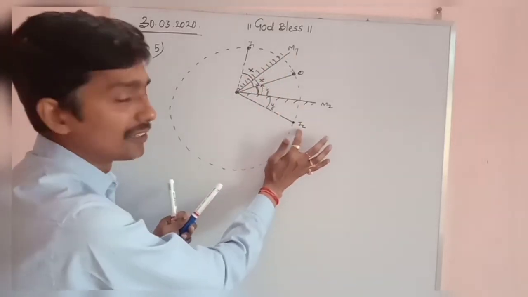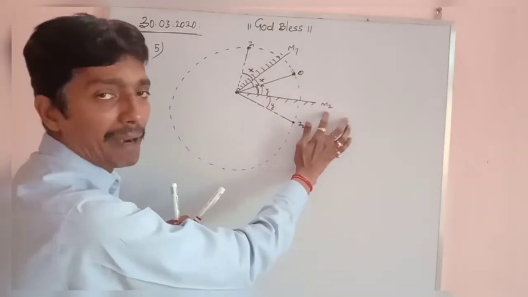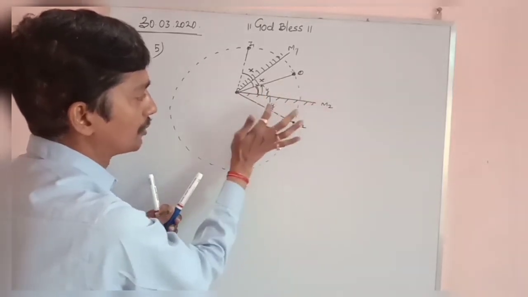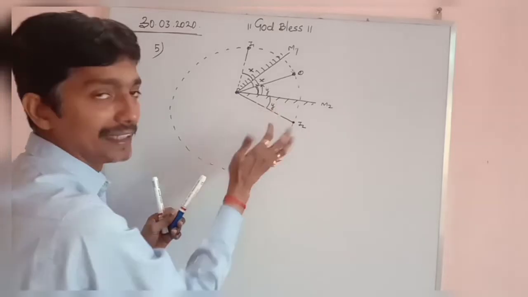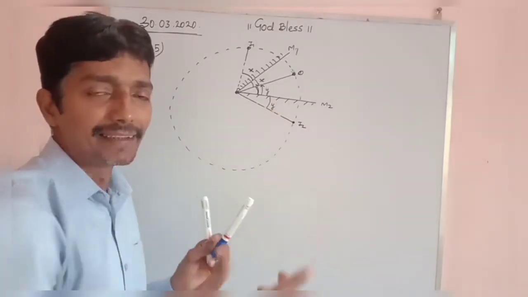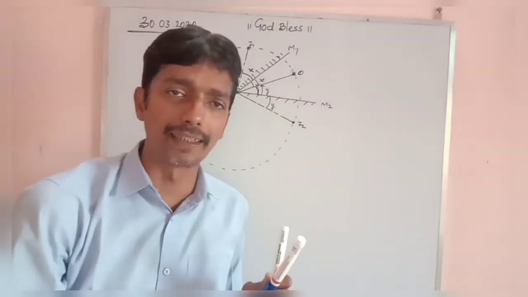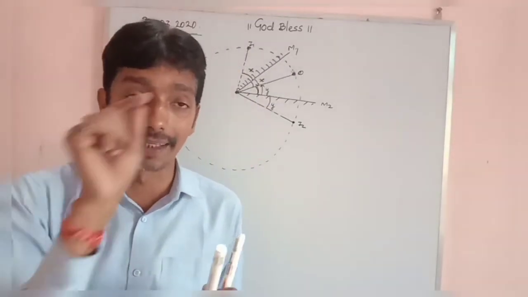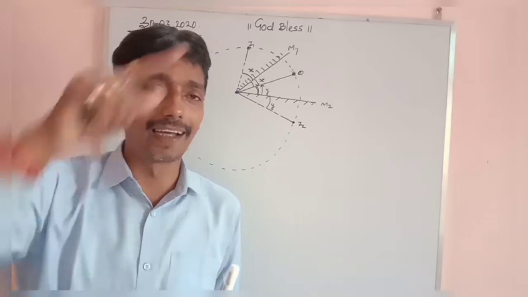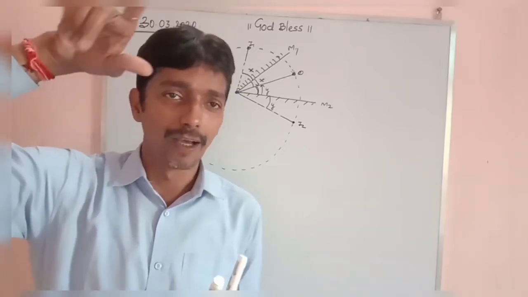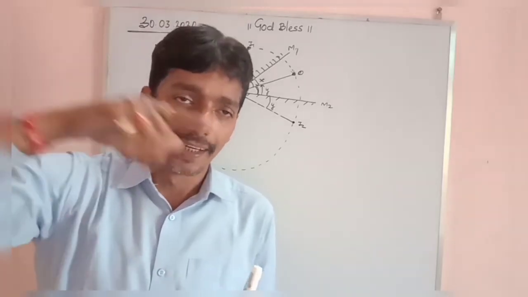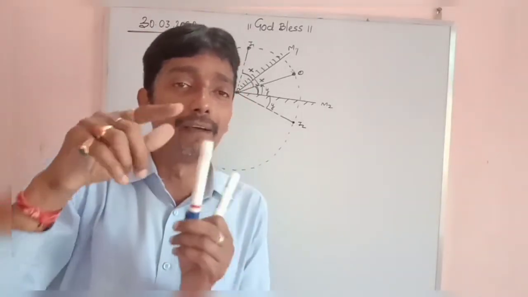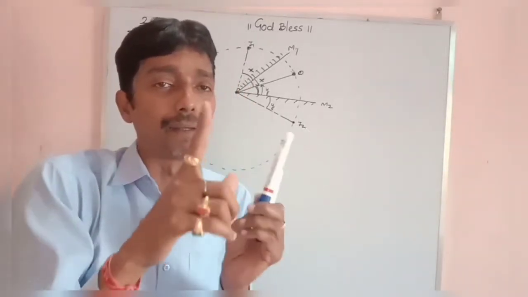The second image is I2 for the object O for mirror M2, because the object is at angle Y from M2, so it forms the image at angle Y. Because I have given that the angular distance of the object from the mirror is equal to the angular distance of the image from the mirror. Earlier I was doing linear distance, now I am talking about angular distance. It is the same for object and image in the plane mirror.